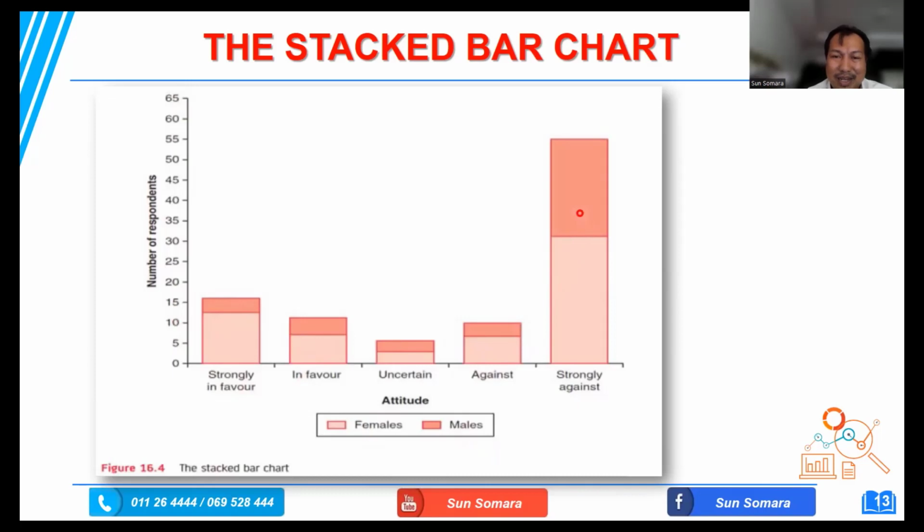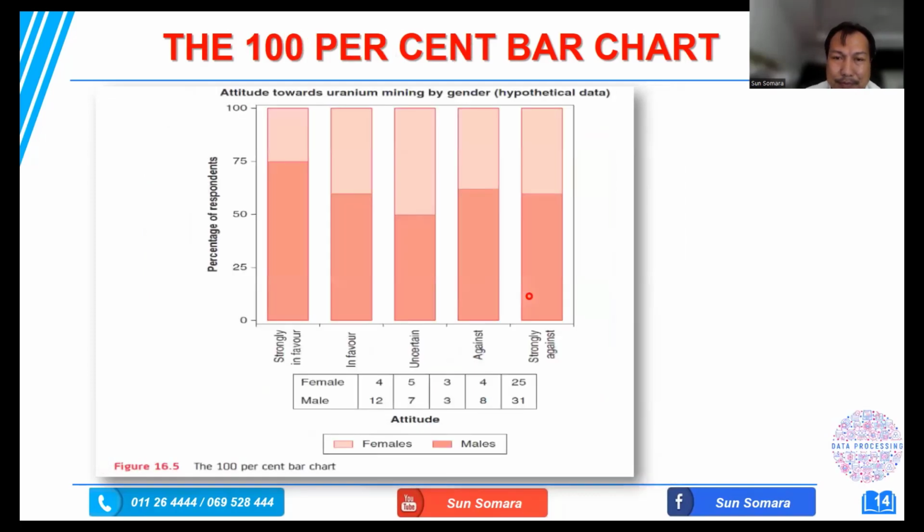And on the chart, it may show how many males strongly agree and how many females strongly agree. It will show the number here. So it depends on the way you choose and select it there.